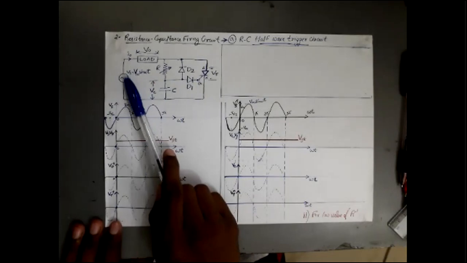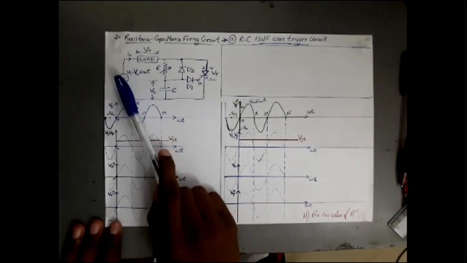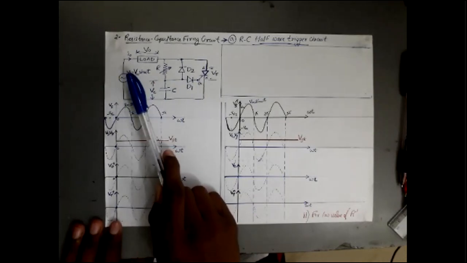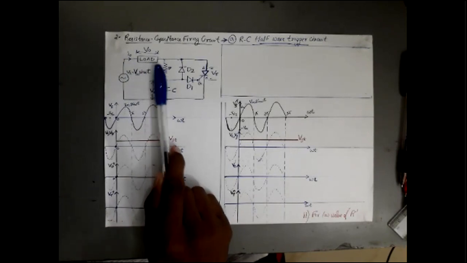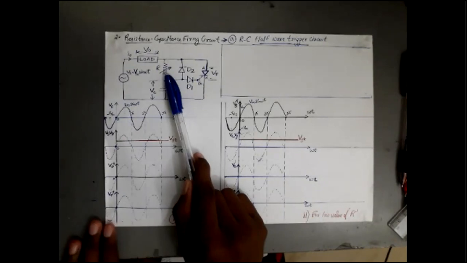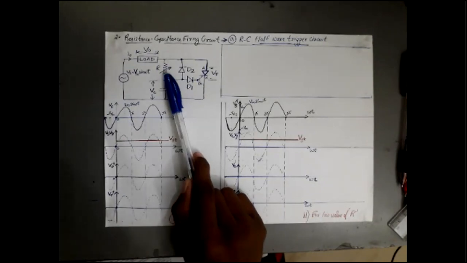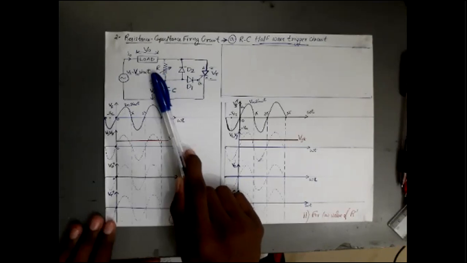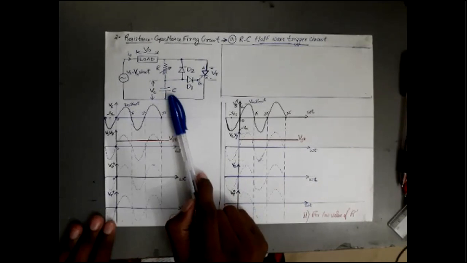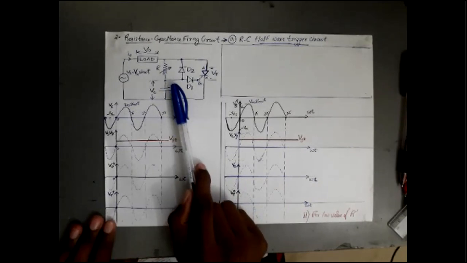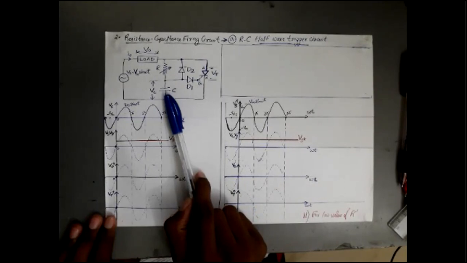When my Vs is positive, that is during the positive half cycle of the supply voltage, before triggering my thyristor, what is the current flowing through the circuit? It will be a very low value due to the high value resistance R. But still there is a small value of current present there. That small current will be used to charge my capacitor.